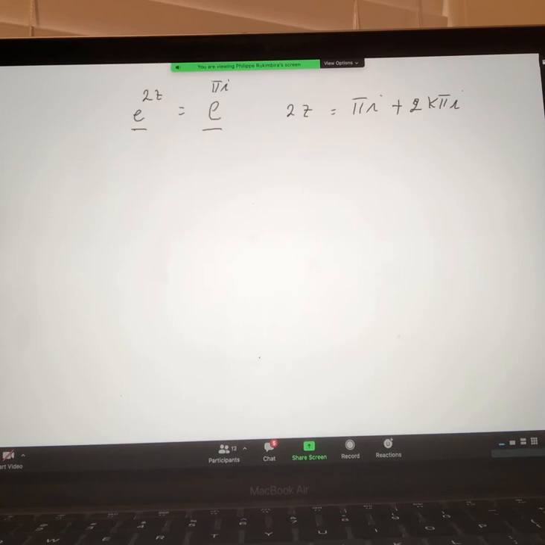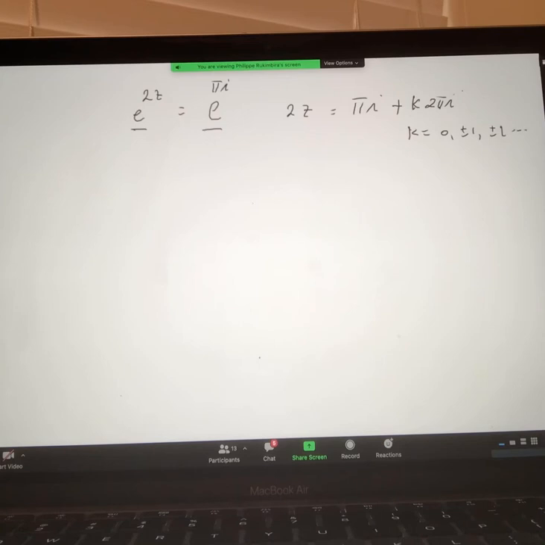So the 2z doesn't have to be exactly pi I. You can add any multiple of 2 pi I. So let me write it better: any integer multiple of 2 pi I. K here is 0, plus or minus 1, a positive or negative integer.